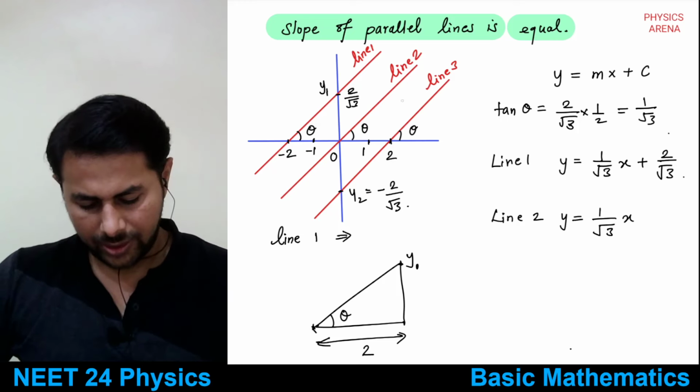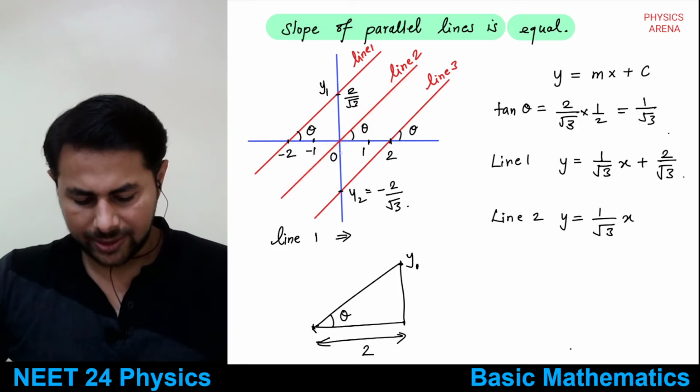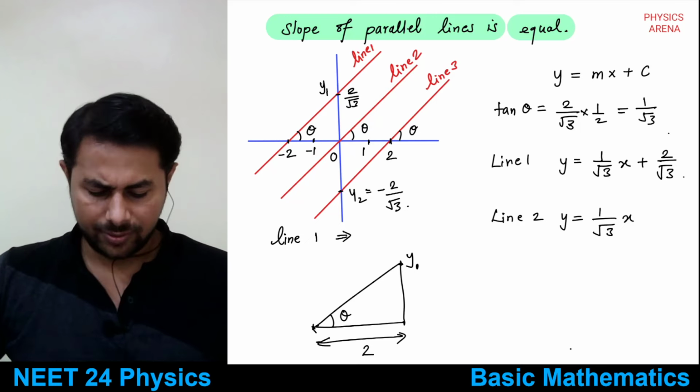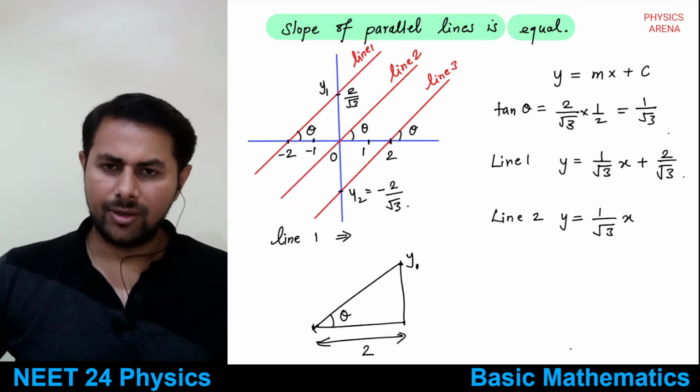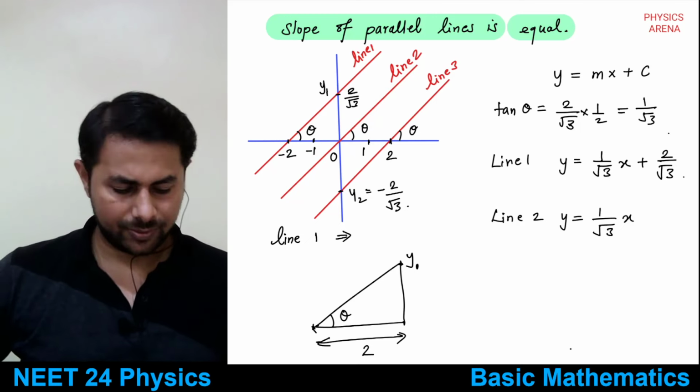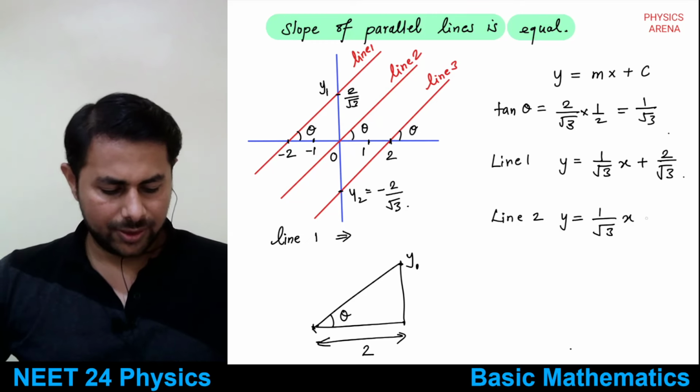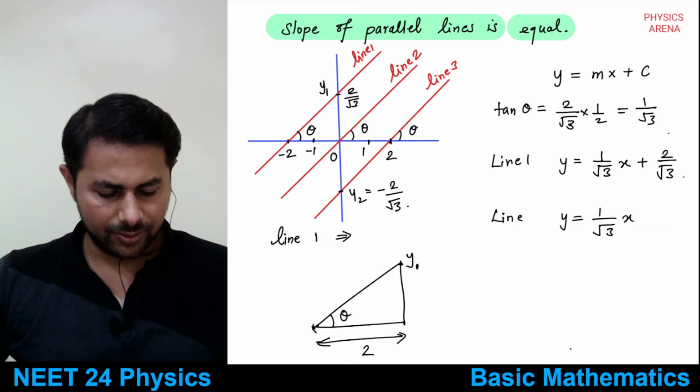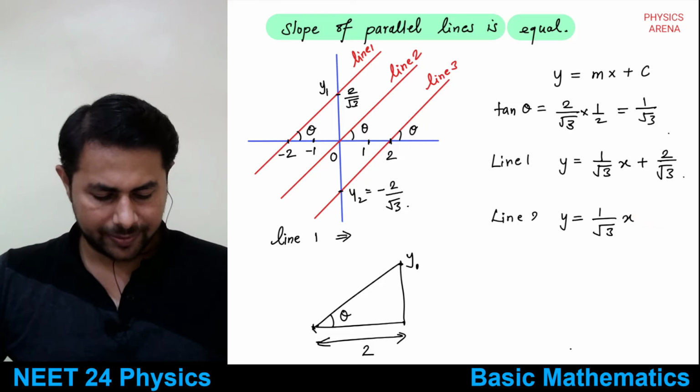Because it cuts the y-axis at 0. It is passing through the origin, meaning the x-intercept is 0 and the y-intercept is also 0. So c is 0 and therefore the equation is just y is equal to 1 by root 3 x.